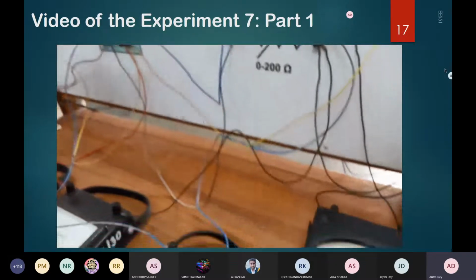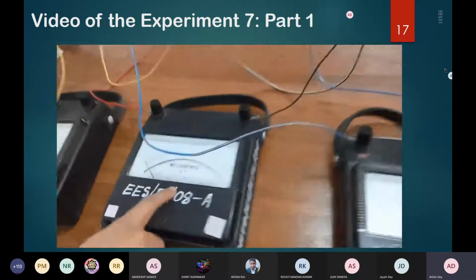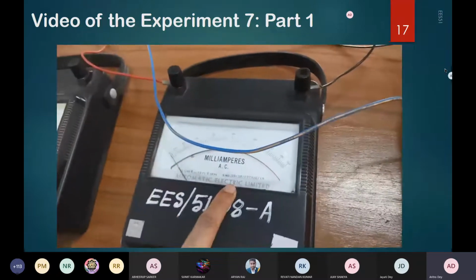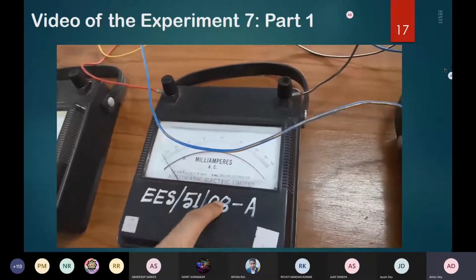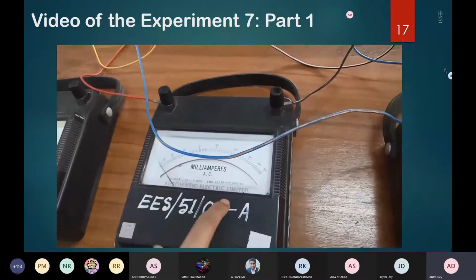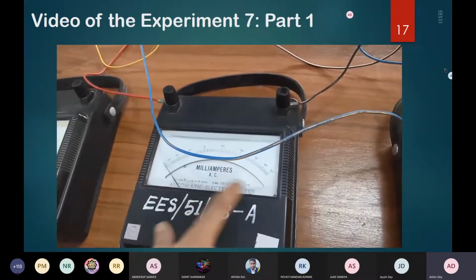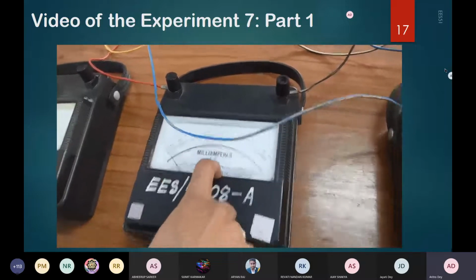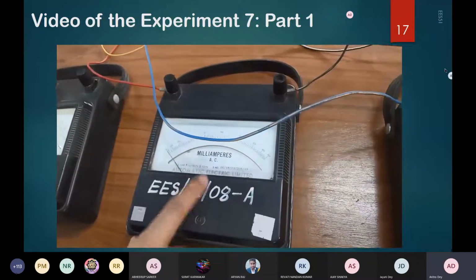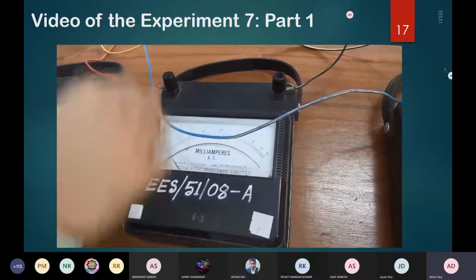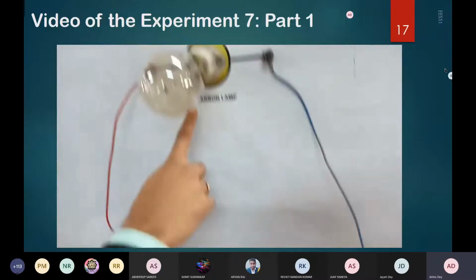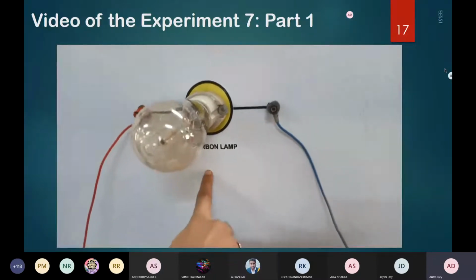In the same way I have connected another ammeter, in the milliammeter range, because very low current will be flowing through the carbon lamp, so it is easier to read with a milliammeter range ammeter. This is our A2, connected in series with the carbon lamp, right?